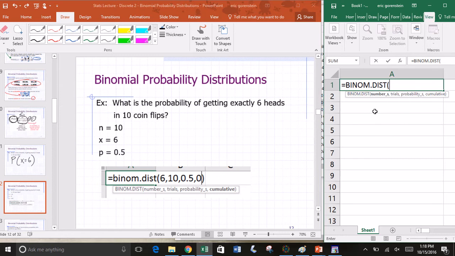Okay, and then Excel is telling me what I need to input: number of successes, number of trials, probability of success, and do I want the cumulative function, yes or no. So I'm going to say 6 successes out of, and when I'm ready for the next argument, Excel's putting in bold the argument I want.